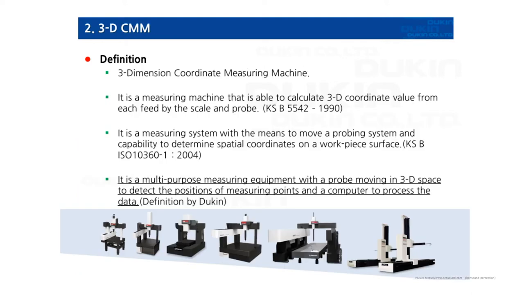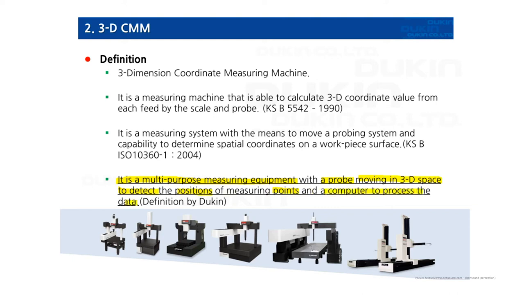Let's have a look at the definition of 3D CMM. CMM is short for coordinate measuring machine. There are many ways to define what CMM is. It is a multi-purpose measuring equipment with a probe moving in 3D space to detect the positions of measuring points, and a computer to process the data.